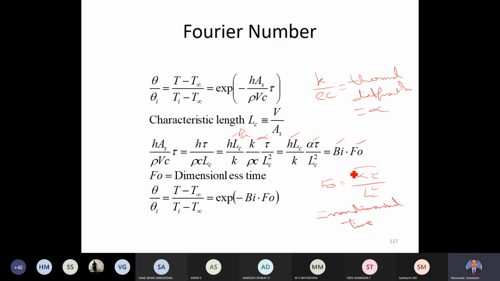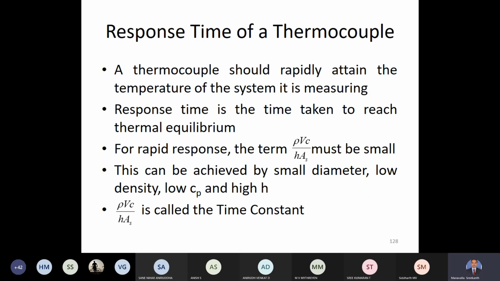If you try to evaluate the dimensions of this quantity, it is dimensionless. So the Fourier number also is a non-dimensional number, but it deals with the time. So it's a non-dimensional form of representing the time. So this term in the brackets is basically a product of the Biot and Fourier numbers. So we will write it like this: T minus T infinity by Ti minus T infinity is equal to exponent of minus Biot times Fourier. Okay, so this is the concept.